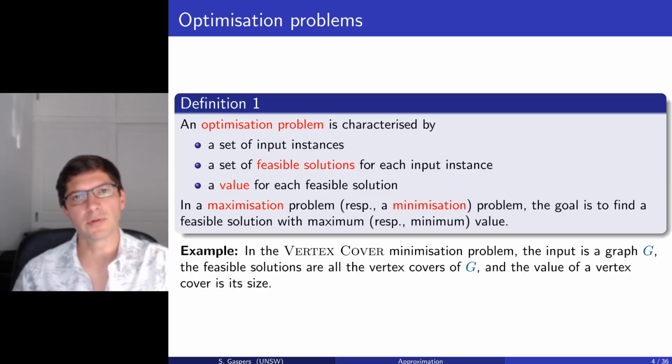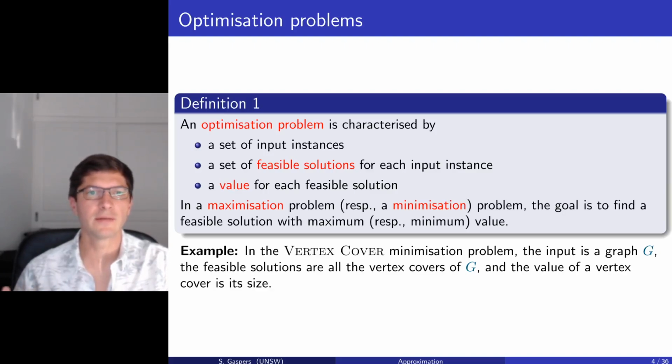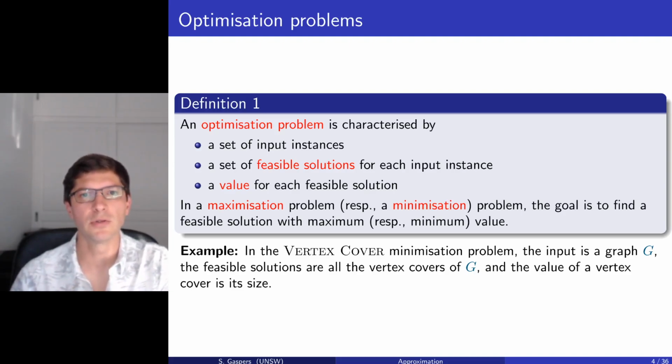Okay, so for an approximation algorithm, we need to have an instance that satisfies some properties. There should be something that we want to optimize. And so we're going to say that an optimization problem is characterized by a set of input instances, a set of feasible solutions, so possible solutions for each of the input instances, and also a value that tells us how good this feasible solution is.